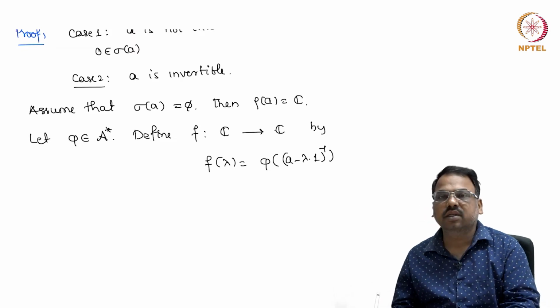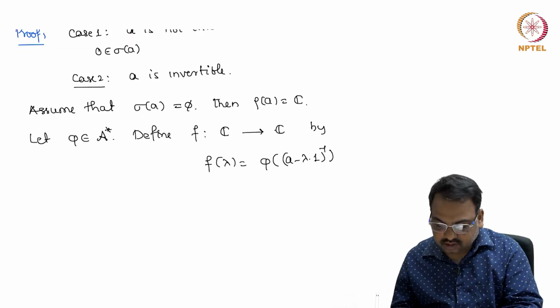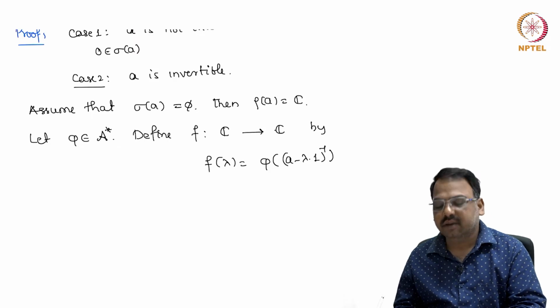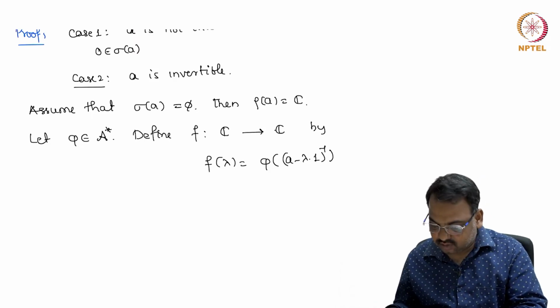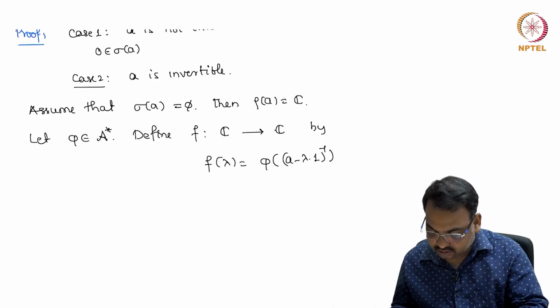If lambda is in C, so lambda is in the resolvent, so (A minus lambda 1) inverse is meaningful. That's an element of the Banach algebra A, and when you compose with phi, this is an element of C.